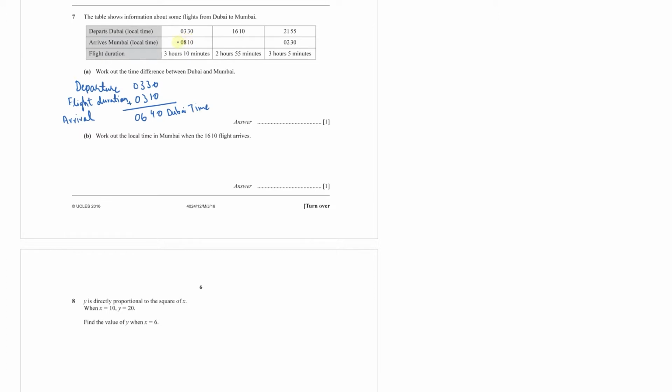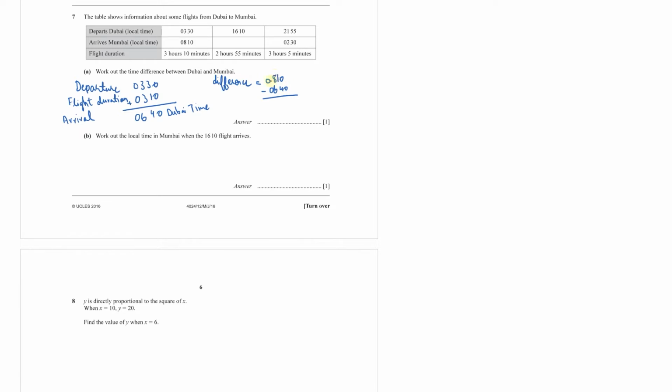So if we subtract 6:40 from 8:10, you basically get the time difference, since these are both arrival times for the same flight. Mumbai is 8:10, and then you subtract 6:40 to get the time difference between the two cities.